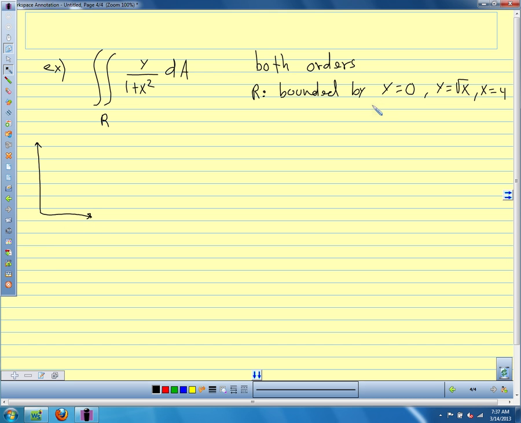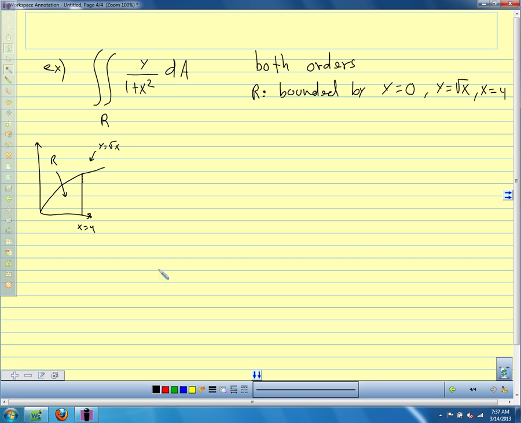So we're bounded by y equals 0. Well, y equals 0 is the x-axis. There's y equals square root of x. And by x equals 4. So there's x equals 4. So our region is inside there.